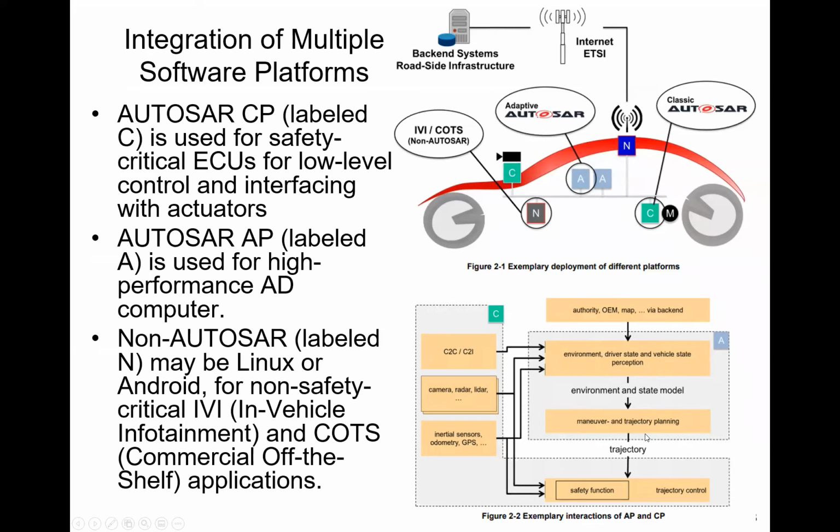And then when it generates a trajectory, a plan, it hands over to the safety-critical ECUs running AUTOSAR CP that carry out the control functions to follow the trajectory, to do trajectory control. And also the preliminary processing of the camera, lidar, radar data may be going through the classic platform and then processed by the adaptive platform.